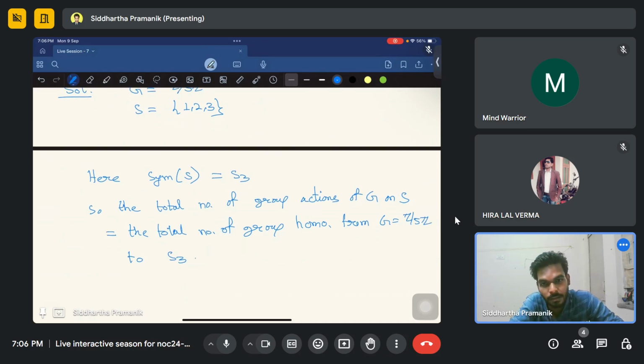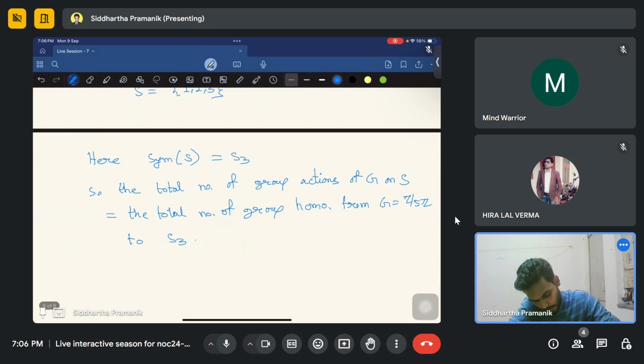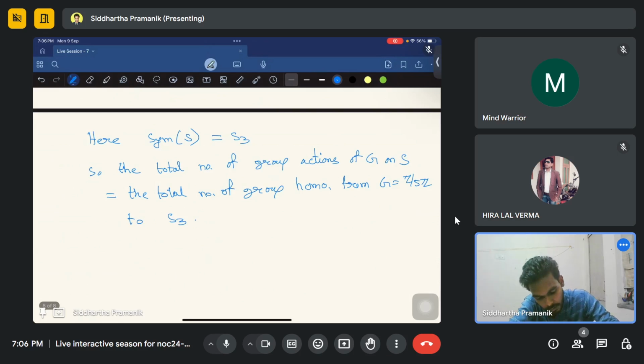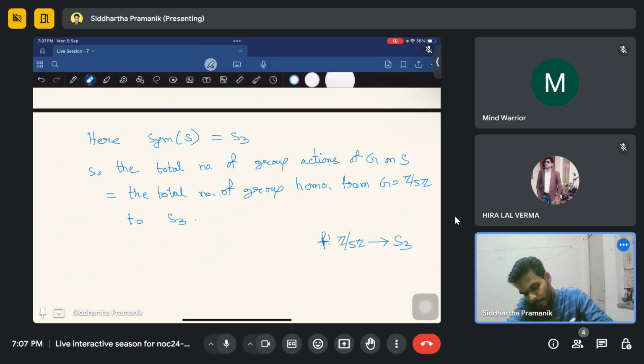So can you find this? How many group homomorphisms are there from Z mod 5Z to S3?